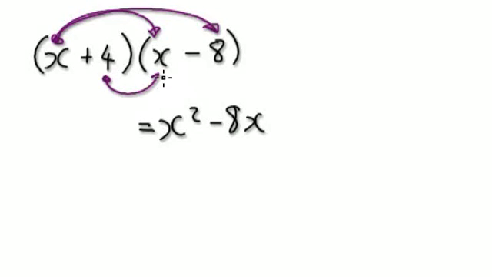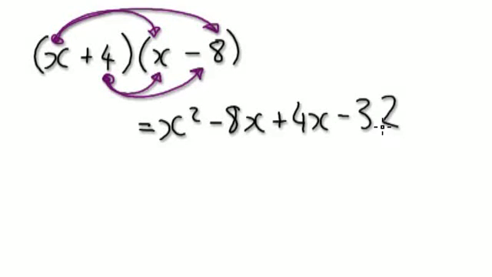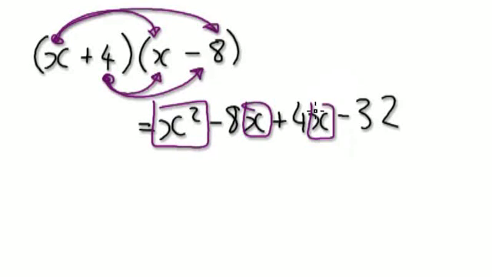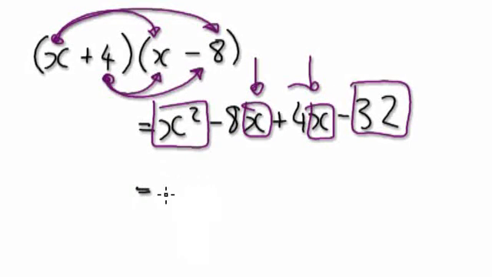And then this times this will be plus 4x, and then this times this. Don't forget it's a minus 8, so it would be minus 32. Now this is your elephant, giraffe, giraffe, hyena. So merge the two giraffes together. So it would be x squared minus 8 plus 4.